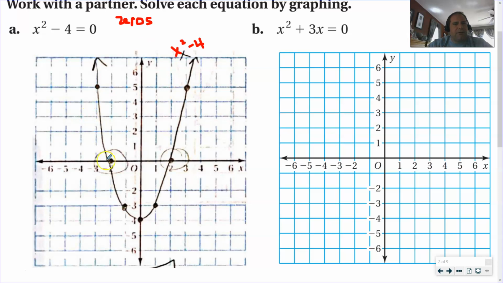All right, they're called the zeros. This is -2, 0. This is 2, 0. So when you're solving each equation by graphing, you're graphing that parabola, and then you're circling right here and right here, and you're identifying those as the zeros.